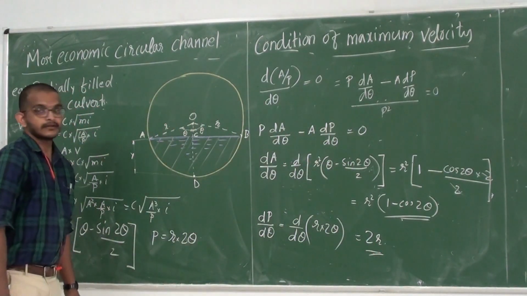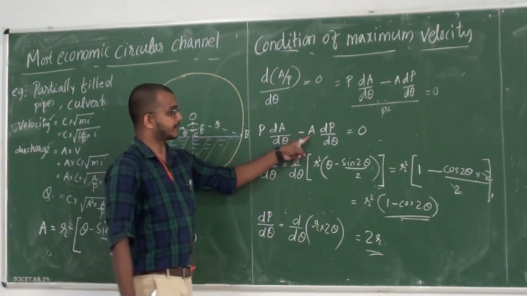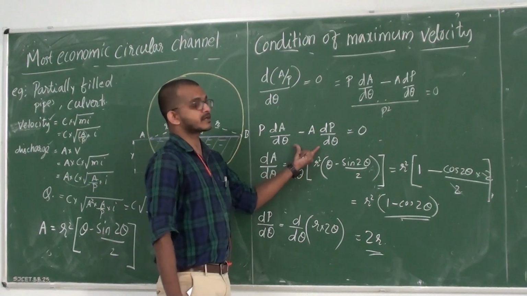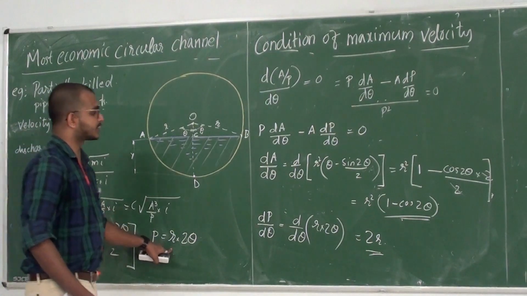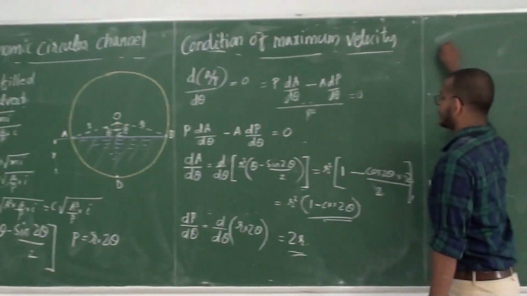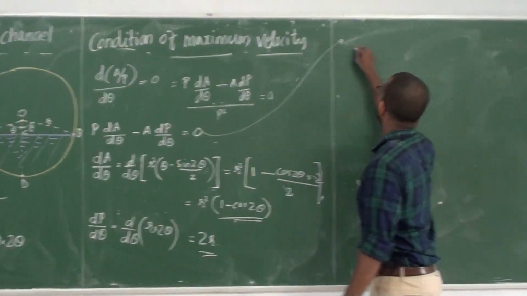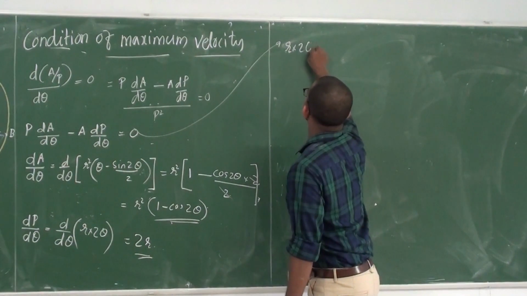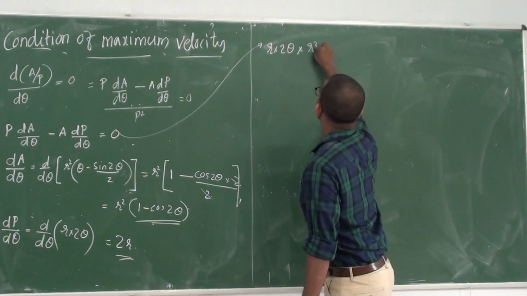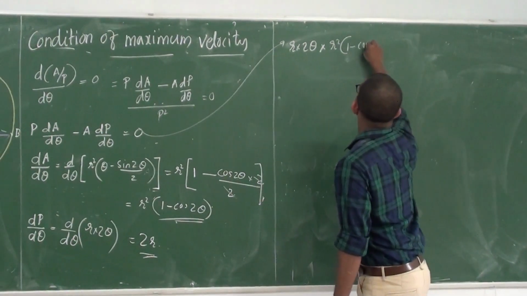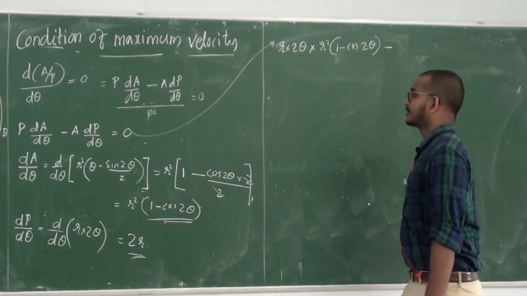Now substitute P, dA by d theta, A and dP by d theta in this equation and equate it to 0. The value of P is r into 2 theta. dA by d theta is r square into 1 minus cos 2 theta, minus A into dP by d theta.